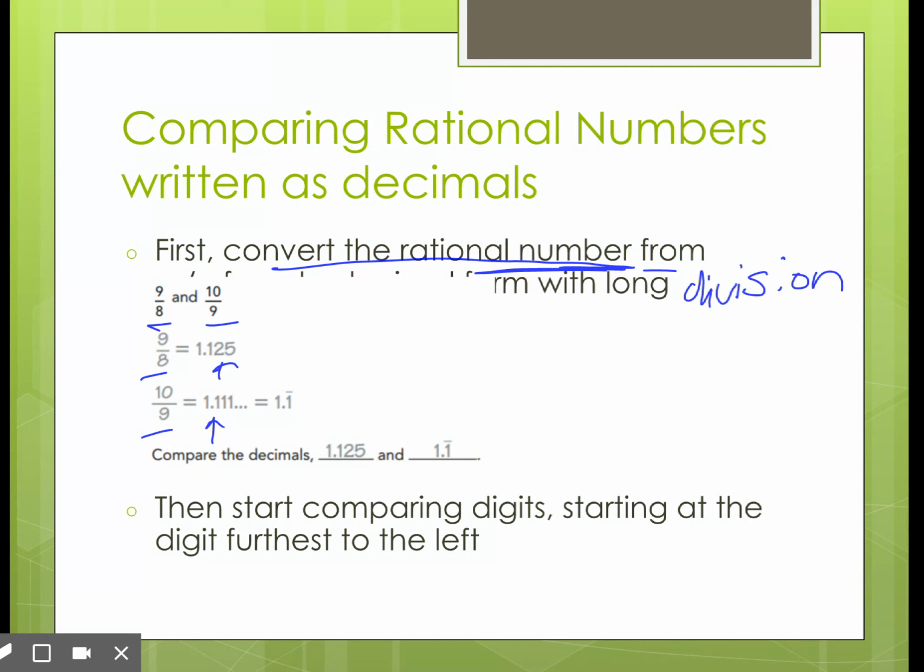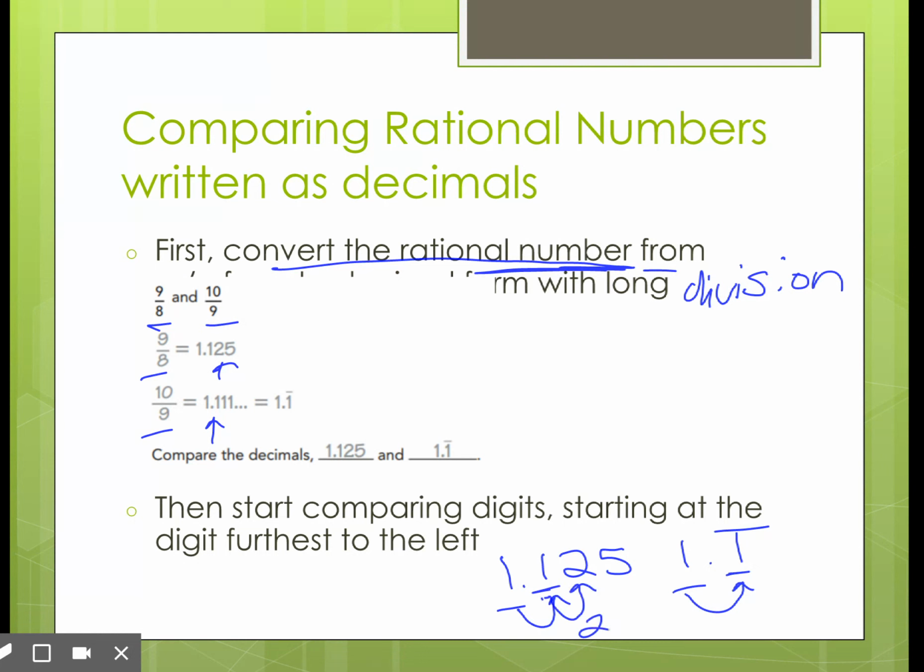So all you're going to do now to compare is look at the first digit and move left. They both have a 1 here, so we have to move on. So we go to the right. Again, it's both a 1, so we can't tell yet. But now we go to the right another digit.